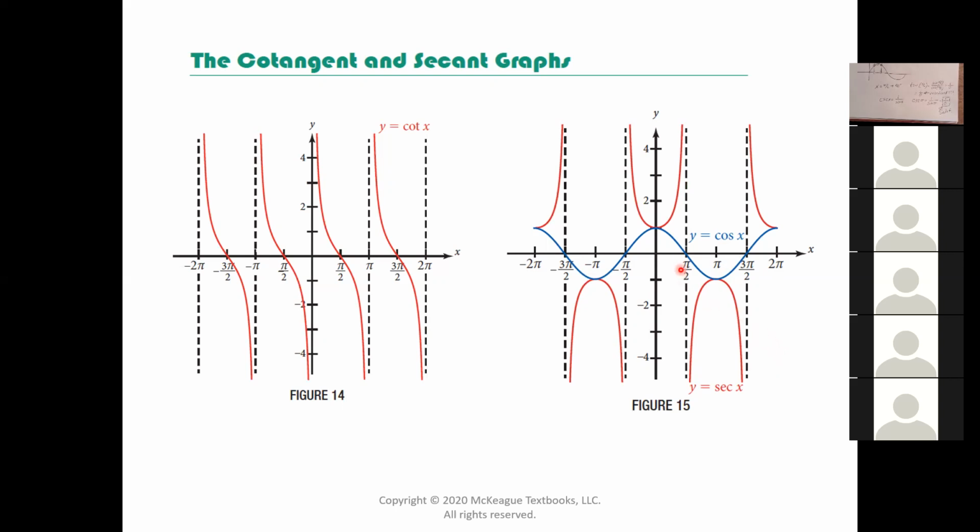What does it appear to be? 1 pi half, 3 pi halves, -1 pi half, -3 pi halves. It looks like the secant function is undefined at odd multiples of pi halves. Do you agree? So the secant function would be undefined at 5 pi halves, 7 pi halves, 9 pi halves, etc.